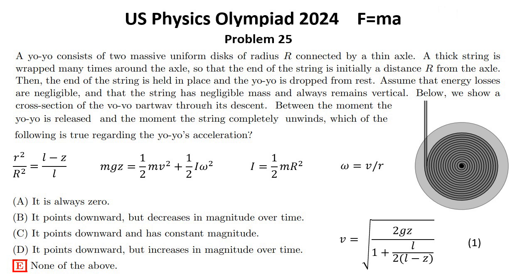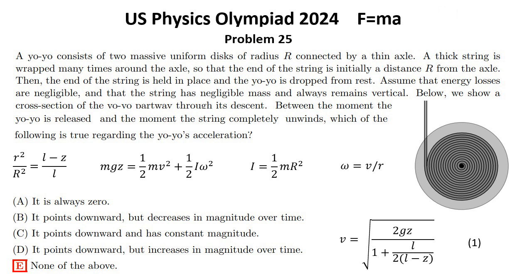We can set the first derivative of this expression with respect to z to 0 to find that the maximum is around z equals 0.6 L. Intuitively, in the beginning the yo-yo has roughly constant acceleration downward, but as the string unwinds, more of the energy goes into the yo-yo's rotational motion.